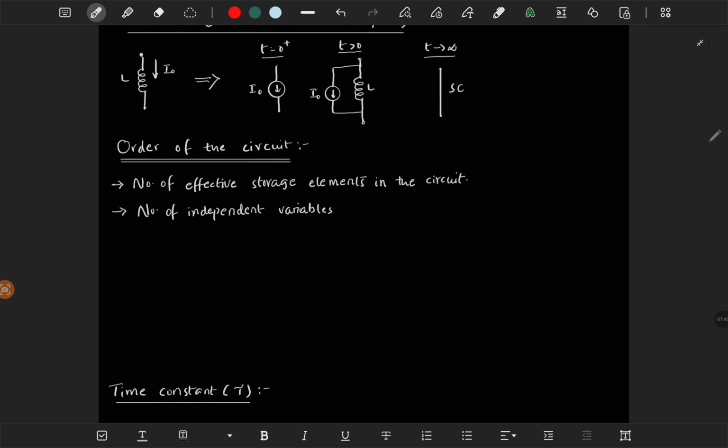For the storage elements, we have only inductor and capacitor, right? So here we can take the independent variables as Vc of t and IL of t. So these two are two different variables.